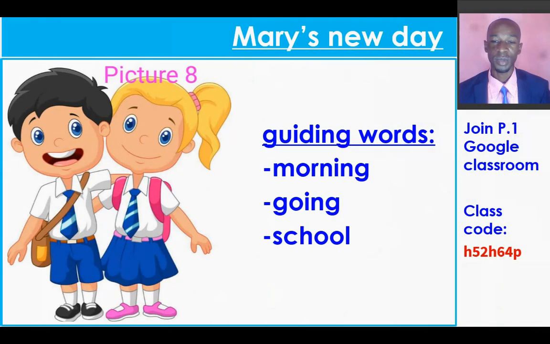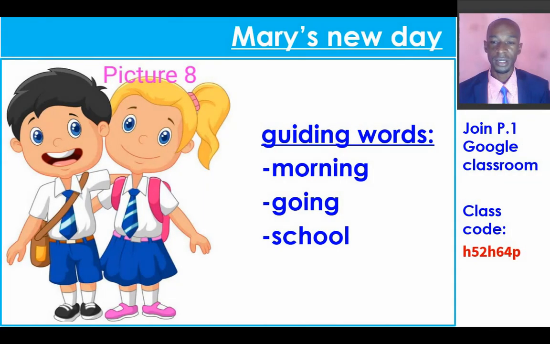Then picture 8 is a new day, Mary's new day. We can say it is in the morning. Mary with a friend are going to school. Mary has woken up. Mary with her friend are going to school.